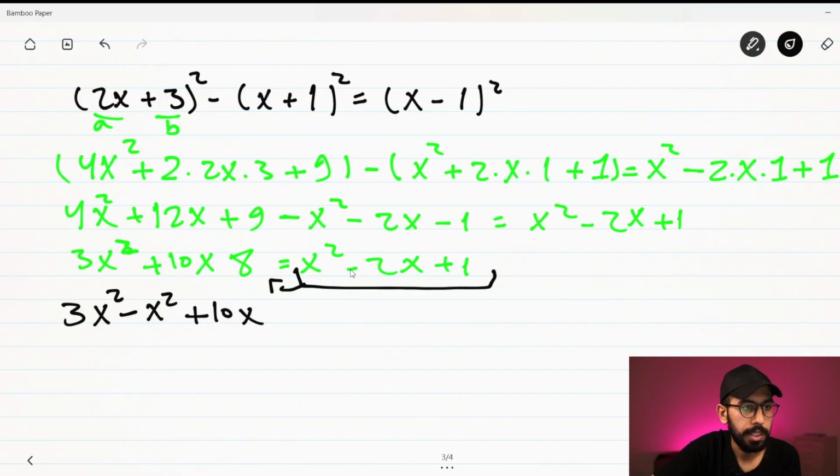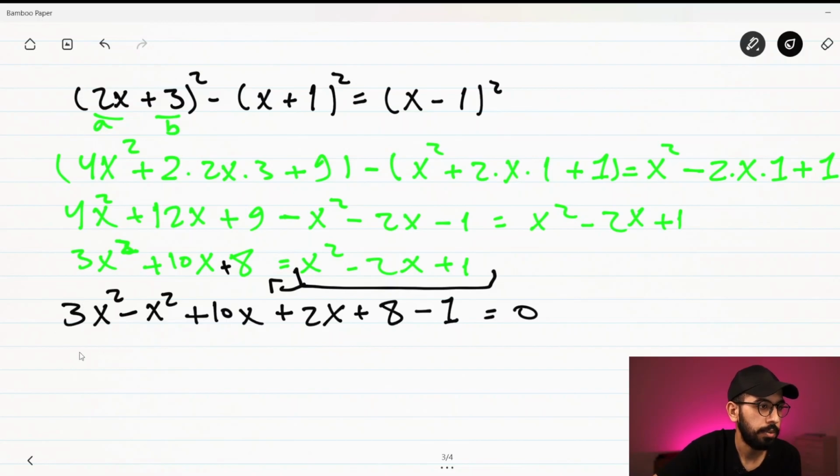We have 2x is negative, it will be positive when it comes to the other side, 2x. And 8 here, it was positive, I forgot it. So plus 8, and this one will be negative 1 on the other side, so negative 1 equals 0.